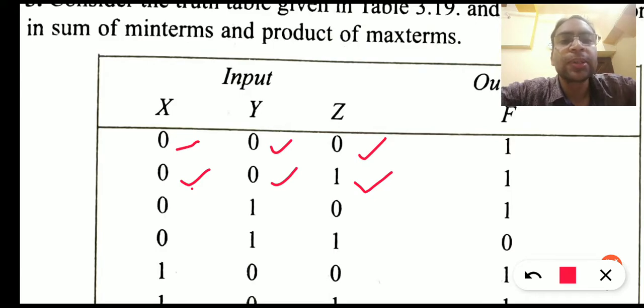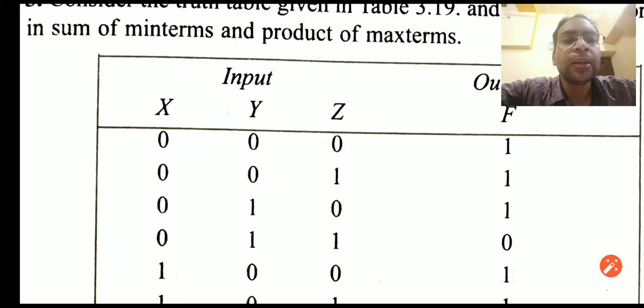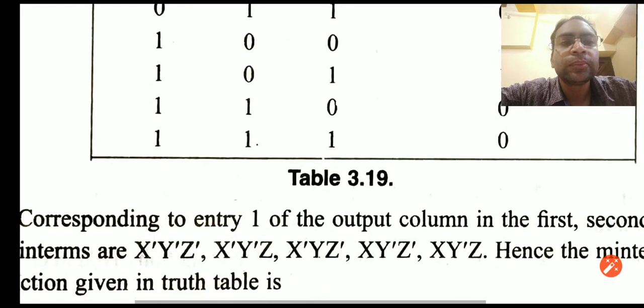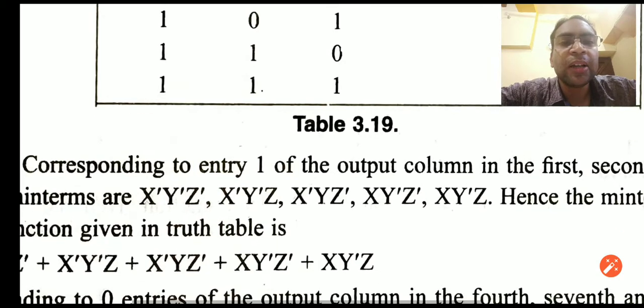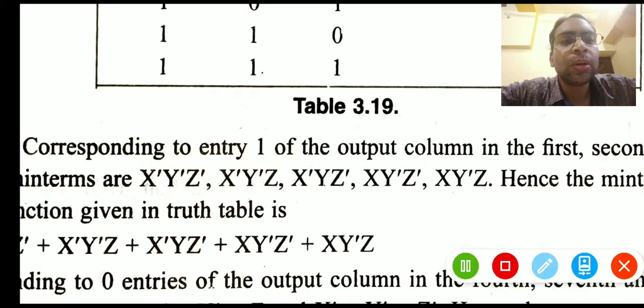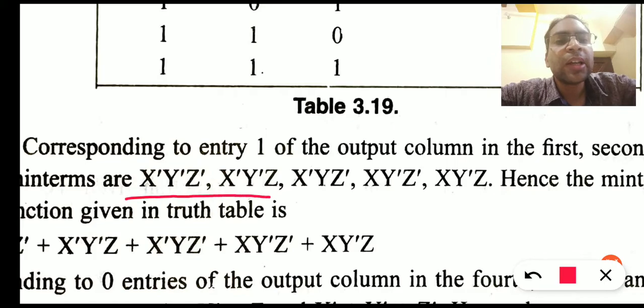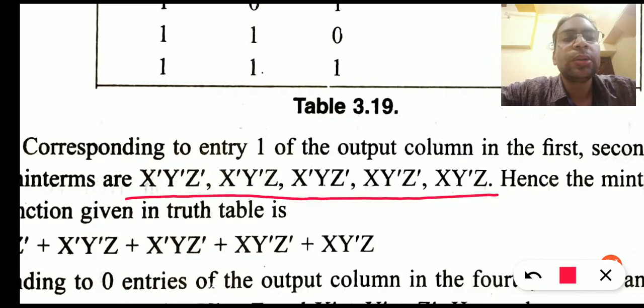Okay, next is x bar, y, z bar. Similarly, next is x, y bar, z bar. In a similar way we can find all the values where the output is 1. So we have calculated all these values from the truth table.